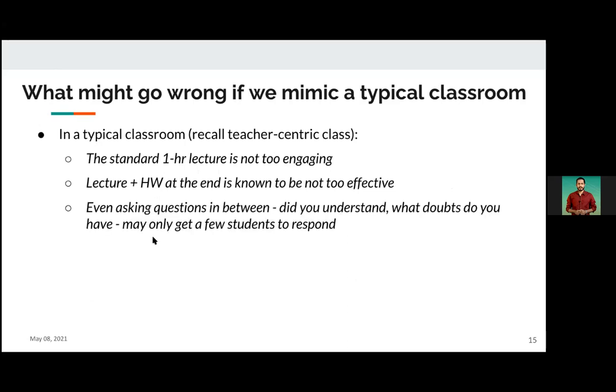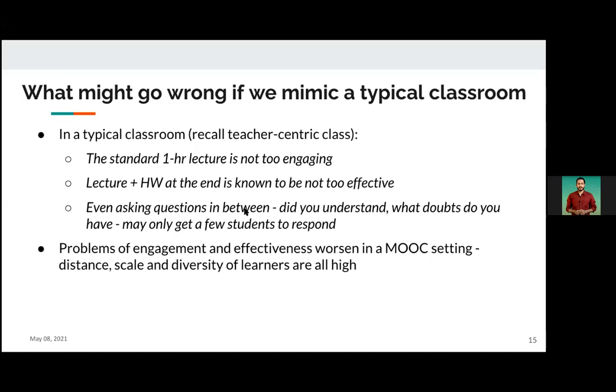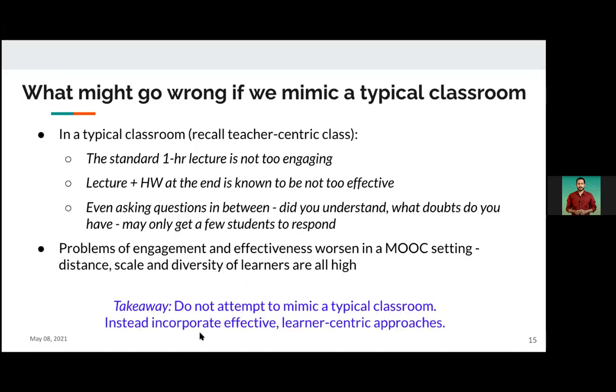Even asking questions in between, such as have you understood, what are your doubts, only a few students respond to these queries. And like I said, these problems may get worse for the diverse set of learners, scaling, and distance. So what is the takeaway? The takeaway is just don't try to mimic a typical classroom. Instead, incorporate some effective learner-centric approaches.